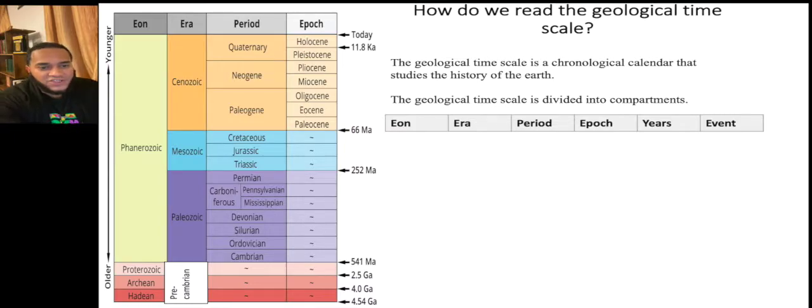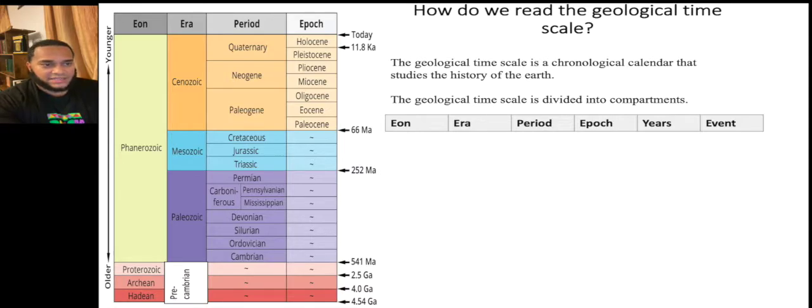However, most geological timescales will show only the eon, era, periods, epochs, and years. Now that we know that the geological timescale is divided into compartments, let's review each of them.